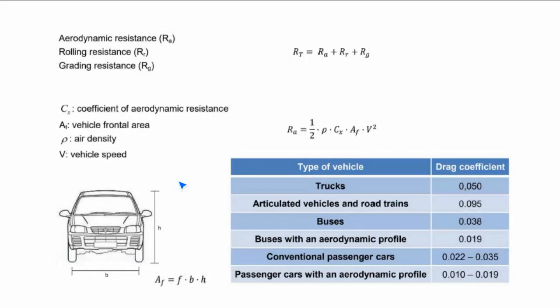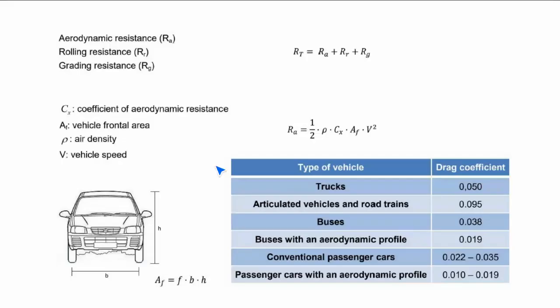Also, rho is air density, and V is vehicle speed. The density rho, air density, is generally the density of air in normal temperature and pressure conditions. What's the normal temperature? 25 centigrade degrees. And what's the normal pressure? 1.074 Pascal.